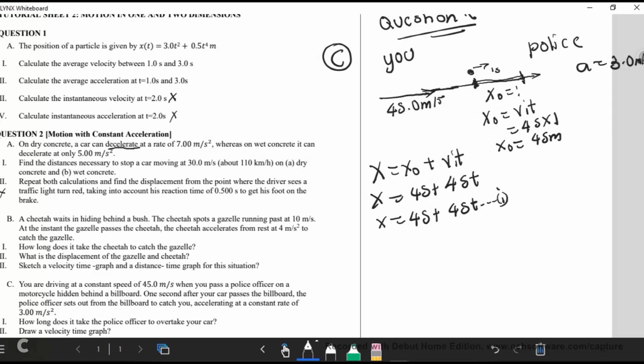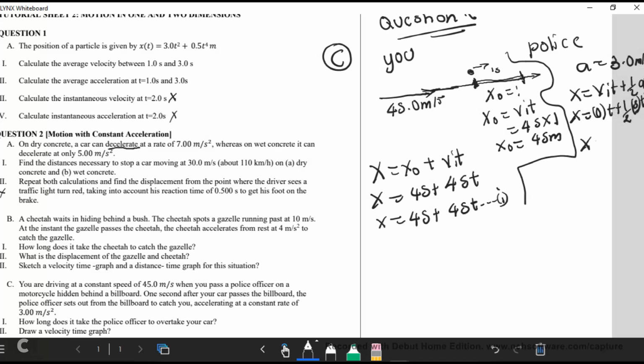Meaning that, I want you to look at this, the displacement at which the police officer moved is: the initial speed is 0 here, times time, plus 1/2 times 3 here, t squared.